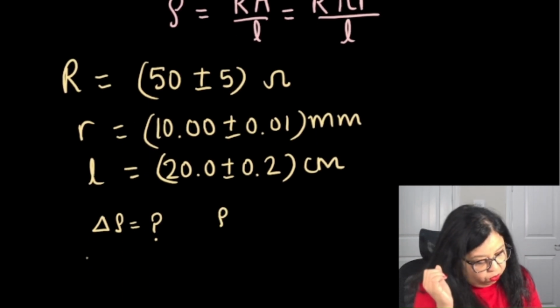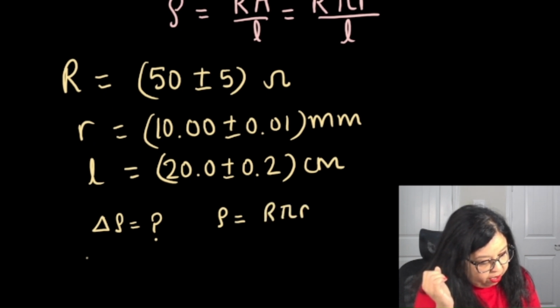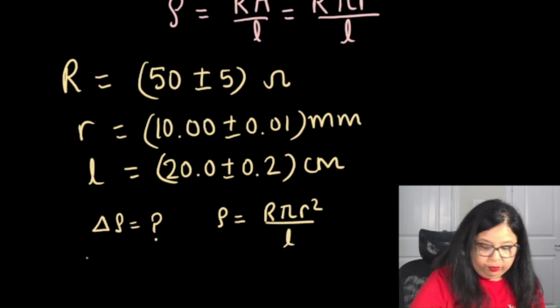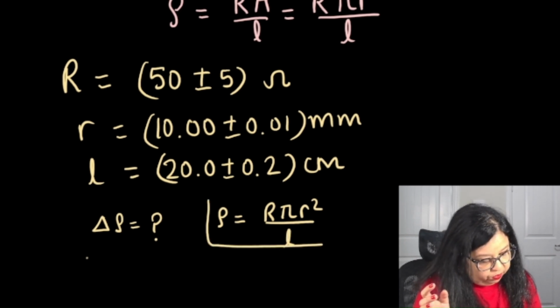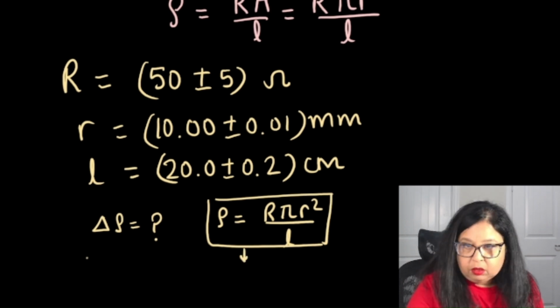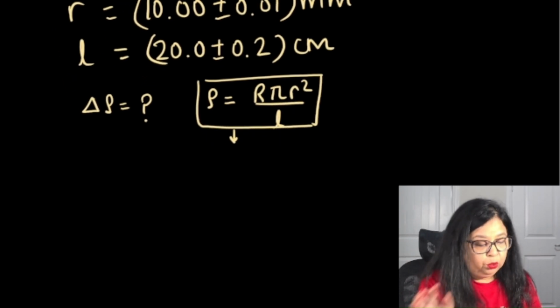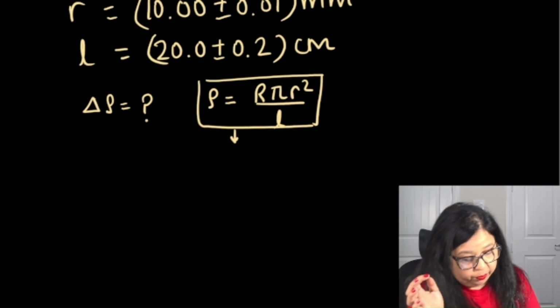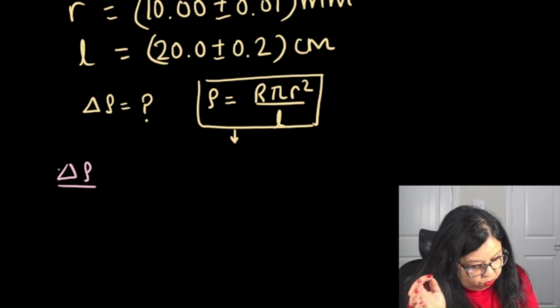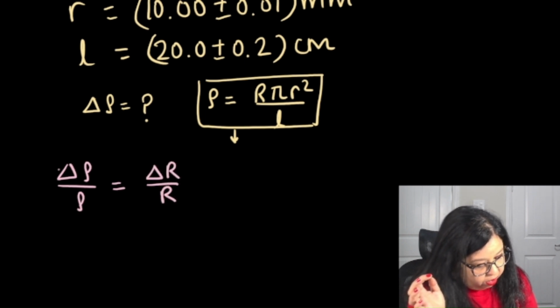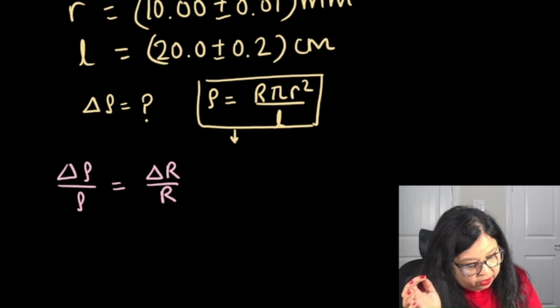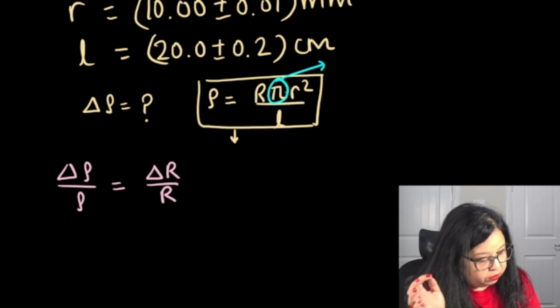We know that rho is equal to R pi r squared over L. So from this equation, using the rules of propagation of error, we're going to write delta rho over rho equals delta R over R. Now this pi over here is a constant.